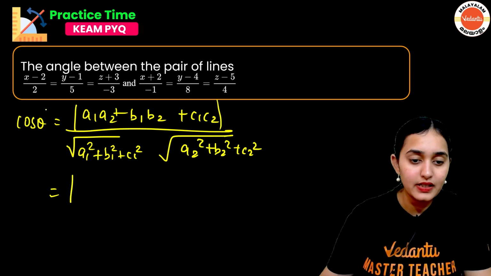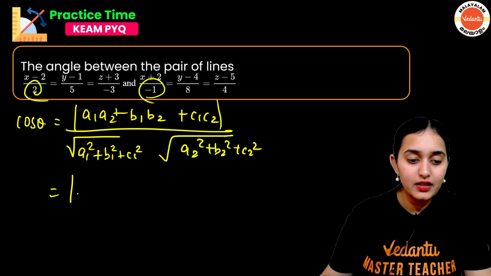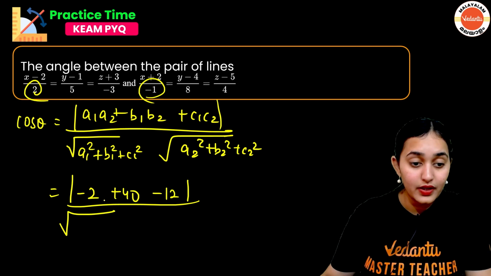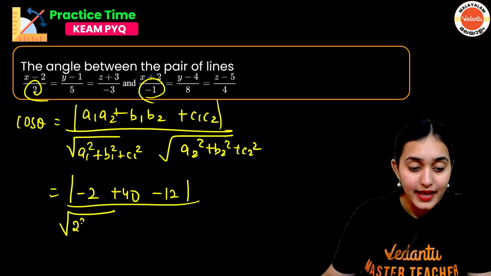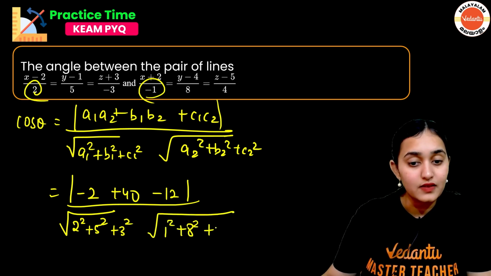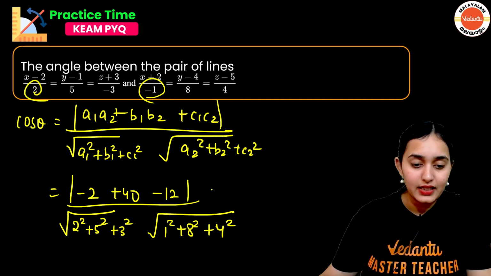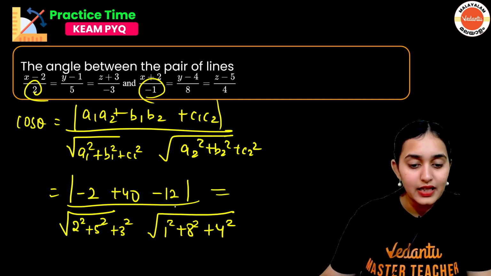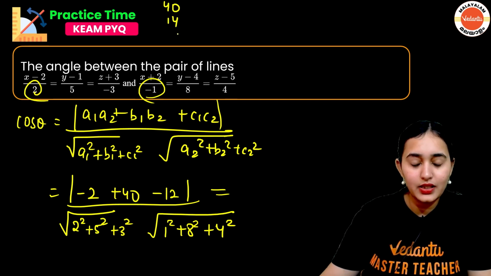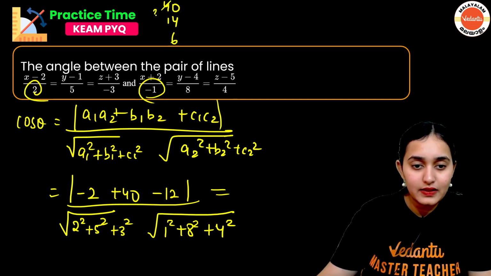So a1 into a2 is 2 into minus 1 minus 2. 5 into 8, 40, 3 into 4, 12, mod value upon root over 2 square plus 5 square plus 3 square into root over 1 square plus 8 square plus 4 square. What do we get? So here we are getting 40 minus 14. So 40 minus 14 will be 26.